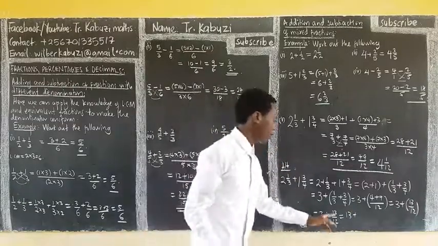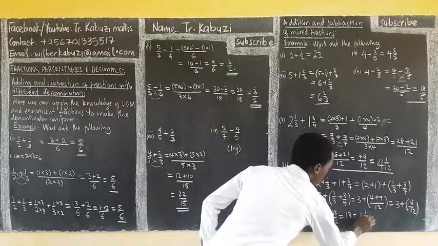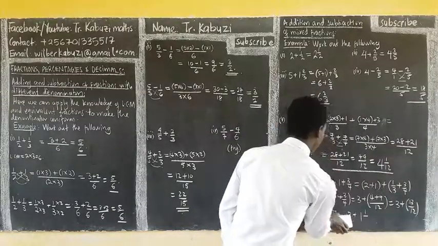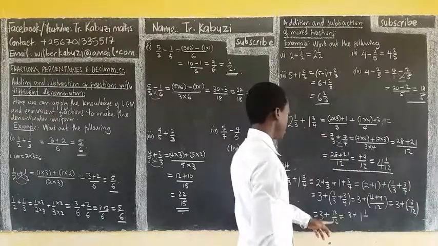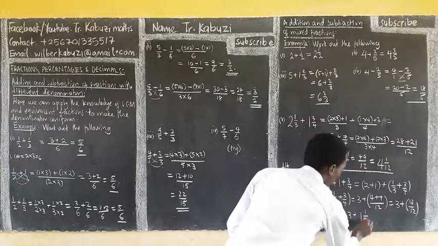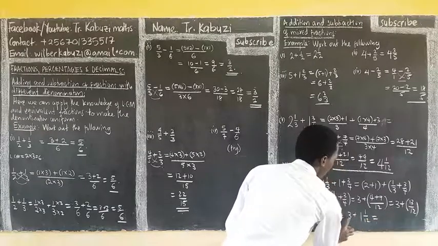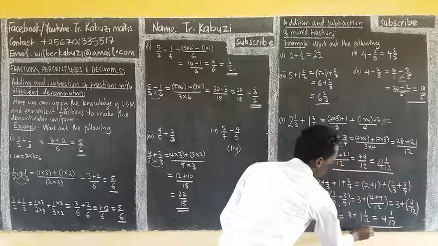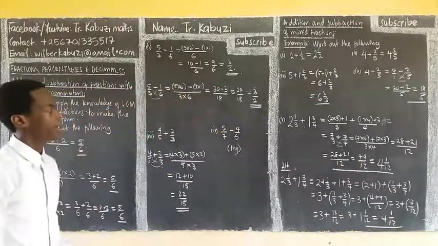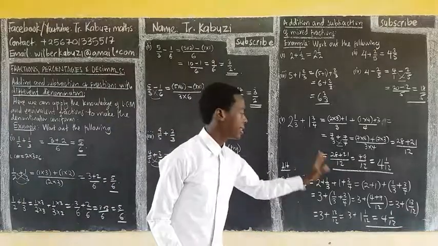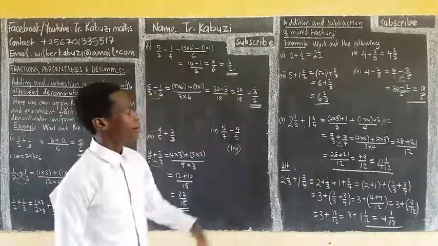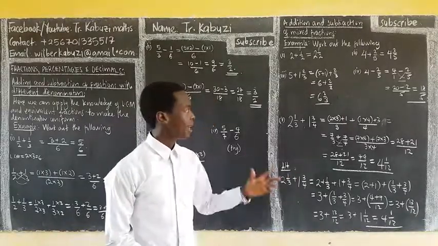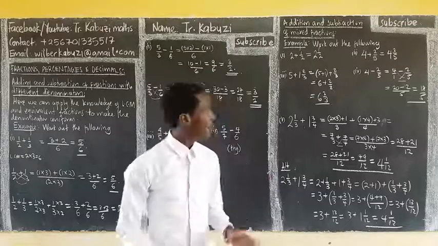You see, 12 goes in 13 once, remainder 1 over 12. And then you can add 3 plus this 1, which is 4, then 1 over 12. And it also gives me the same answer. So it's up to you. Either use this approach or the other, and you are going to see how we use the 2 approaches when we are handling subtraction. So that's it. I wish you well. See you in the next lesson.